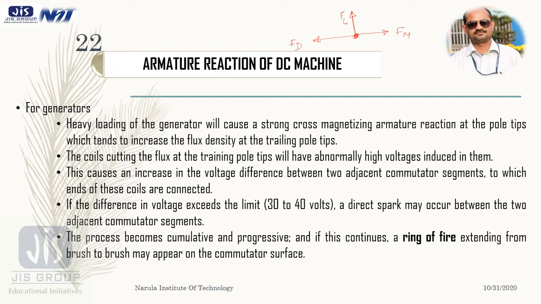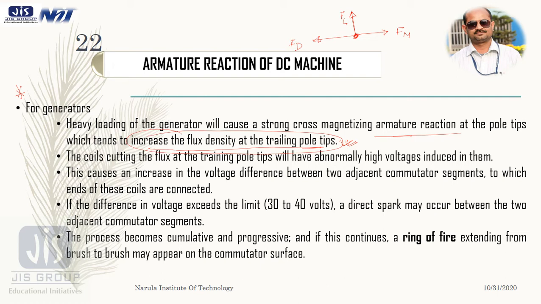Heavy loading of the generator will cause a strong cross magnetizing armature reaction at the pole tips, which tends to increase the flux density at the trailing pole tip. Again, keep in mind, for a generator there is an increase of flux density in the trailing pole tip.